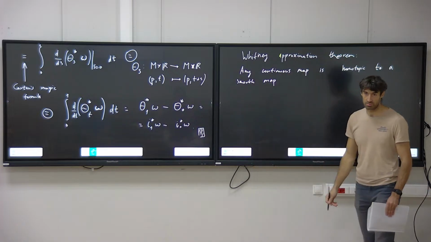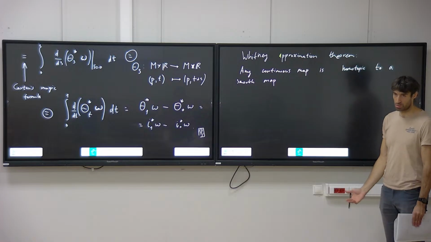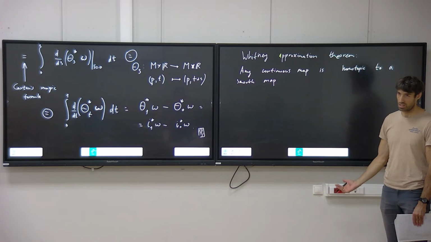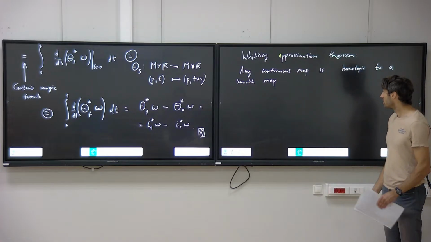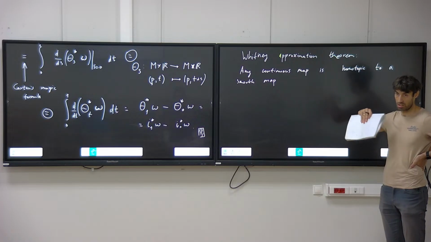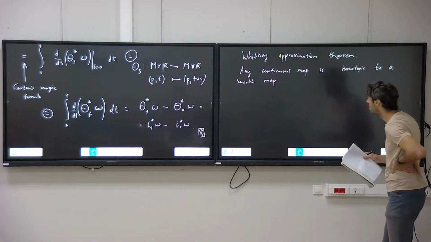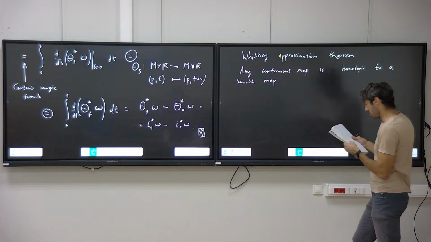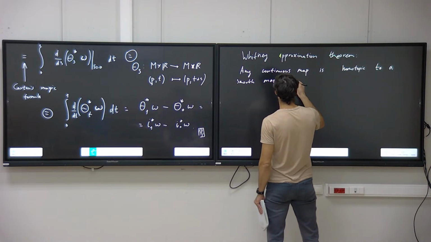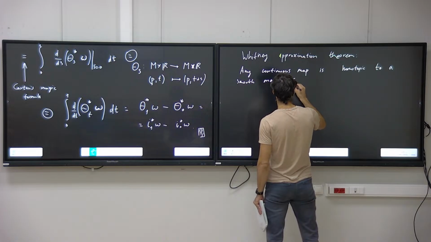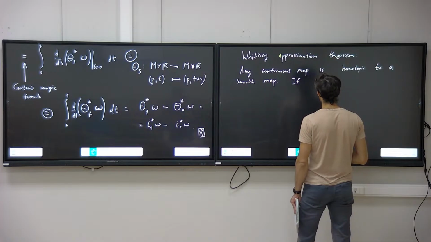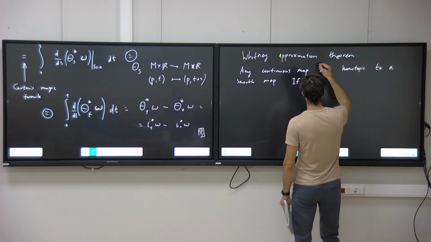Well, you start with manifolds, smooth manifolds. You have just a continuous map. Then it's homotopic to a smooth map. And moreover, maybe let me be specific.